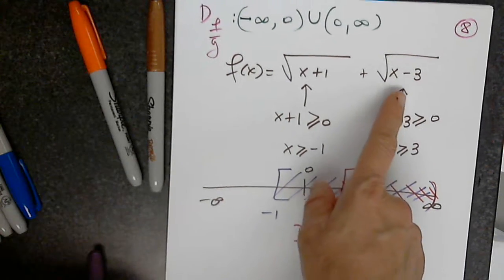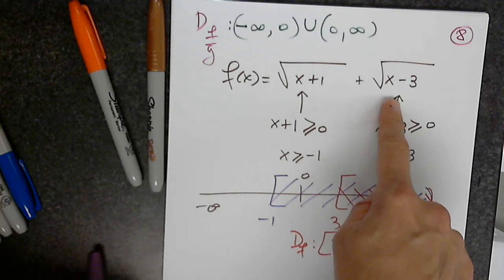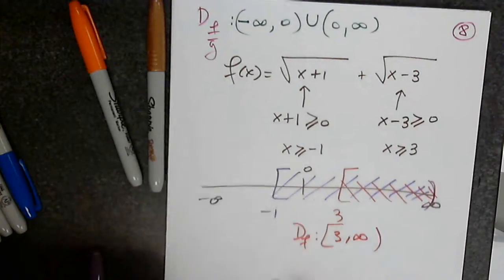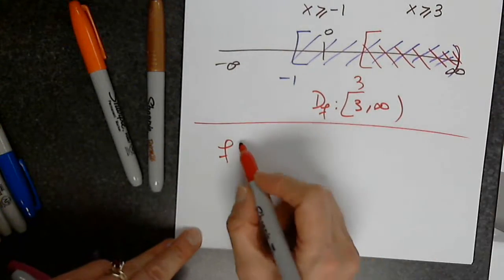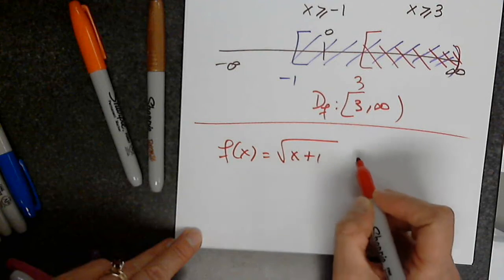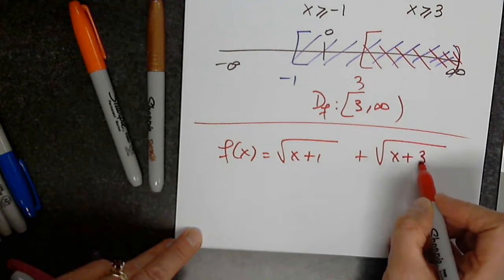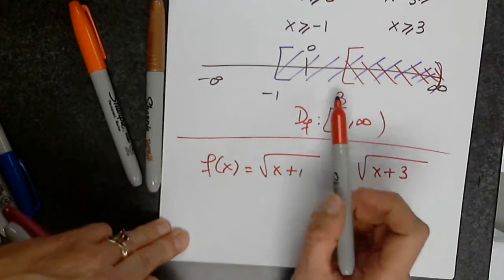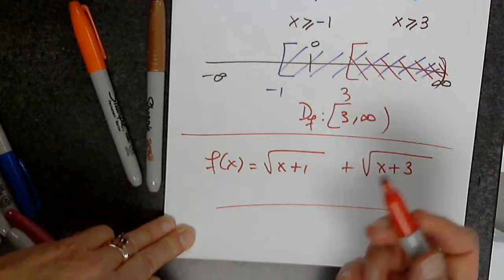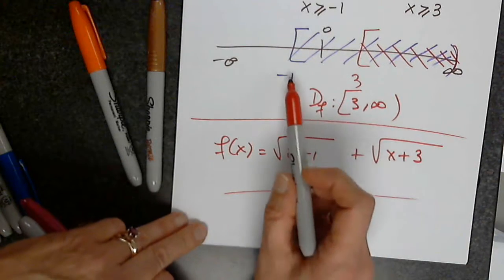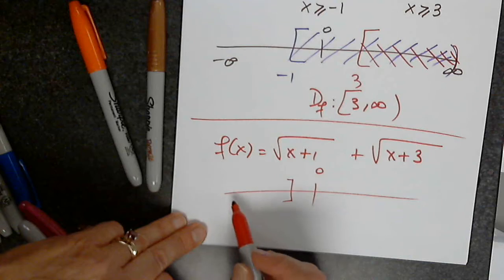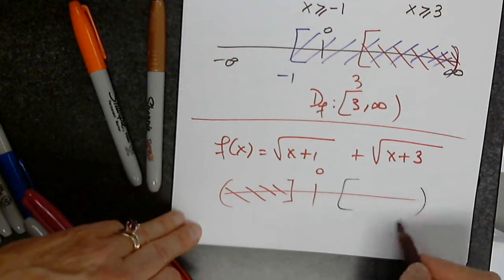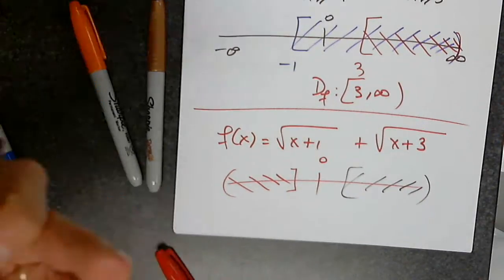Now if I had changed this into x plus 3, let me write it. I don't want to change it there. I just want to show you what happens when, we don't have to do this again, but if this one goes this way and the other goes this way, there's no common domain.